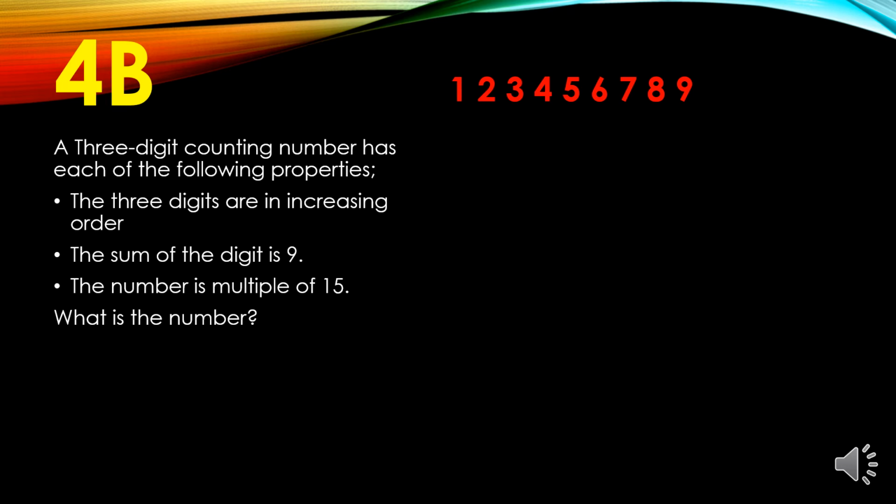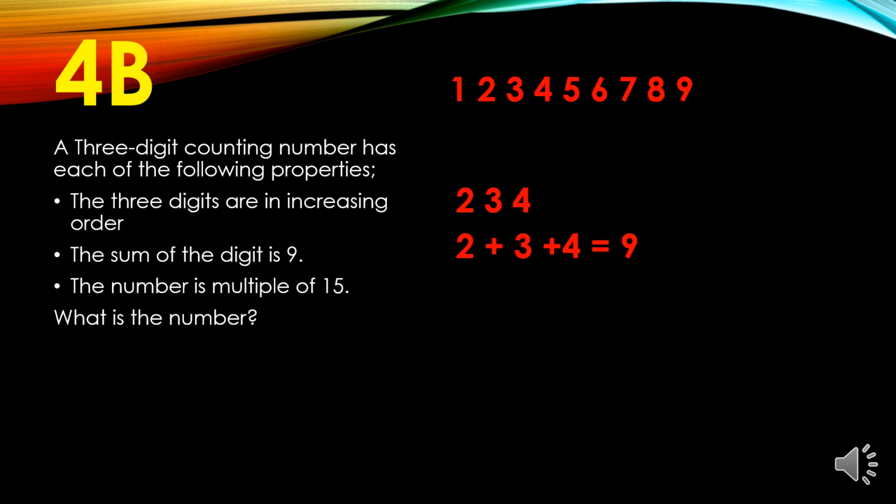So we already have 2 plus 3 plus 4. Let's try another. 3 plus 4 plus 5 will give us more than 9. 4, 5, 6 will give us 15, and 5, 6, 7 will give us more than 9. So it means that the three digits in increasing order are 2, 3, 4, which sum to 9.